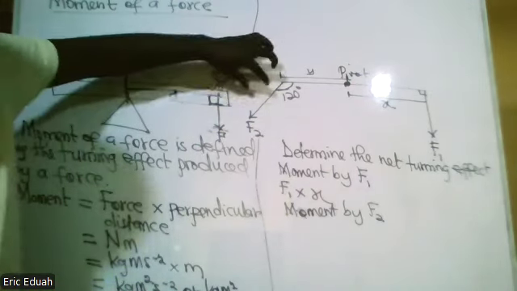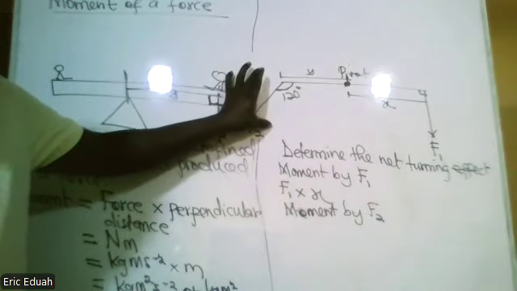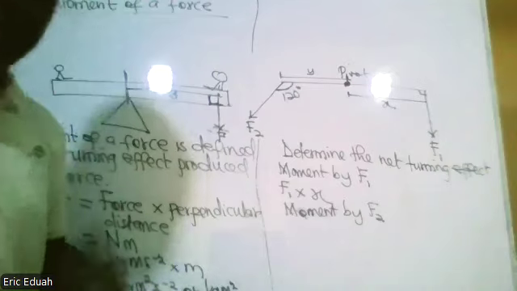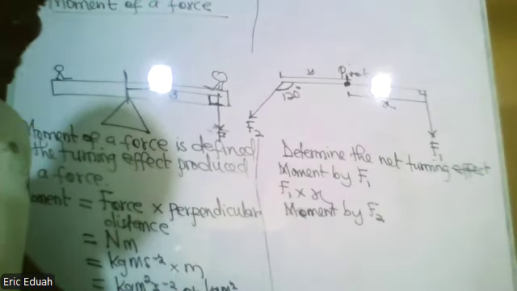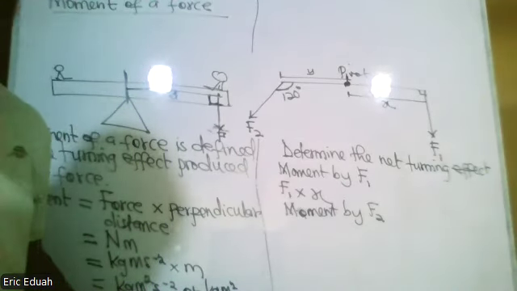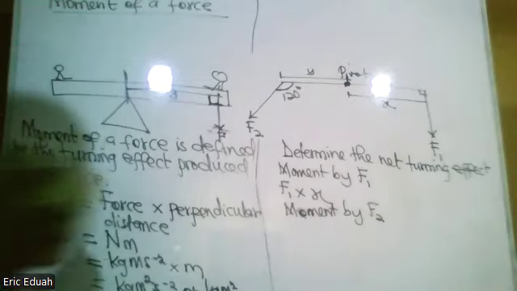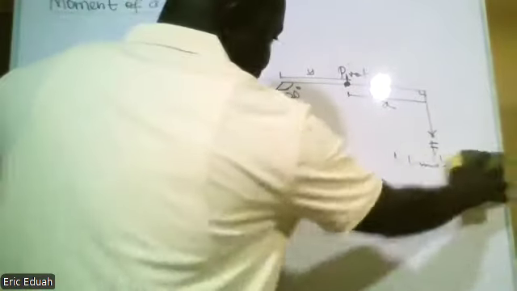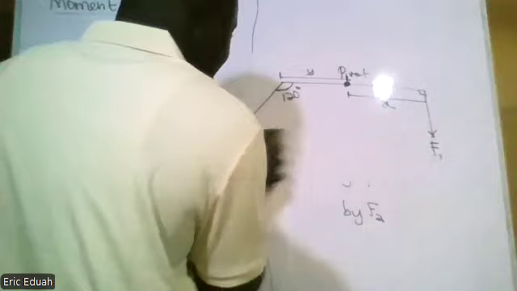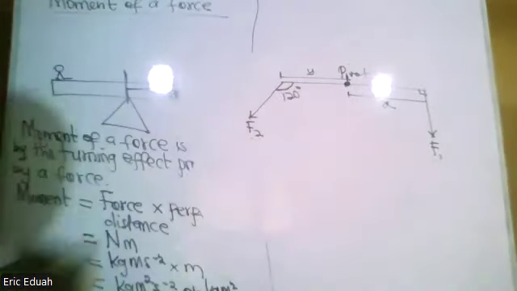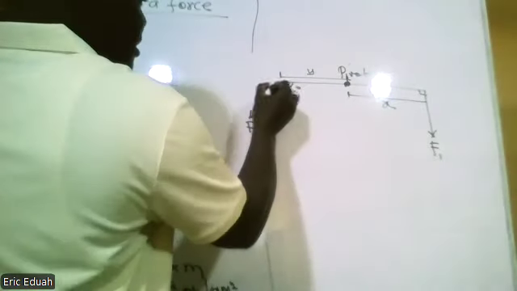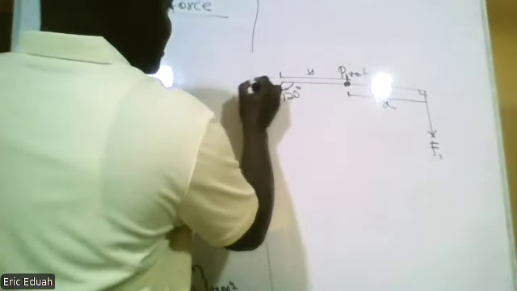We need to resolve this force and get a component of this force which will be perpendicular to the distance before we can find moment. So how do we get a component of this force F2 which will be perpendicular to the distance y? We resolve using the idea of vectors.